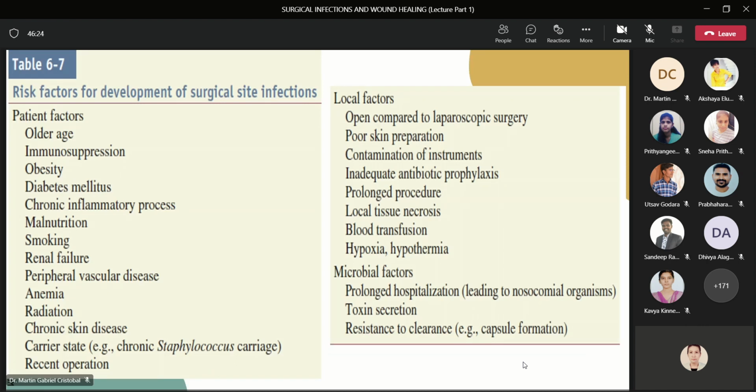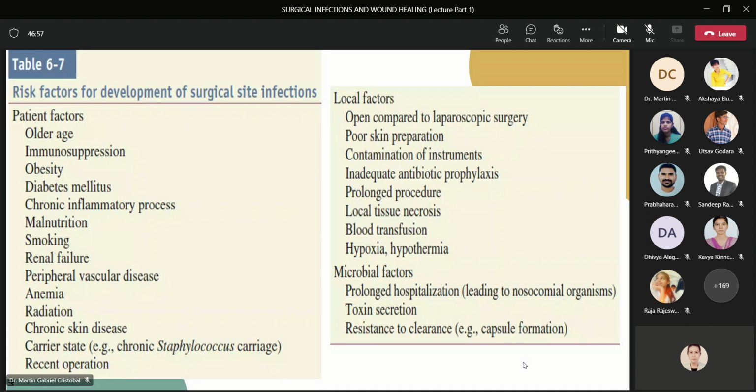So this is a table showing the risk factors for development of surgical site infections. We have the patient factors, local factors, and microbial factors. For patient factors, we have old age, immunosuppression, obesity, diabetes mellitus, chronic inflammatory process, malnutrition, smoking, renal failure, peripheral vascular disease, anemia, radiation, chronic skin disease, chronic states such as chronic staphylococcus carriage, and recent operation.